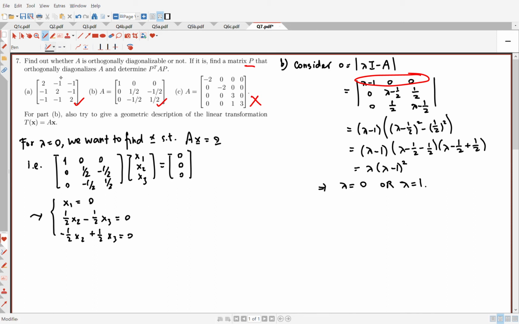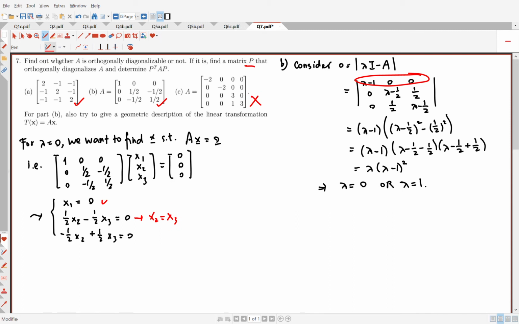Okay, this directly gives me x1 is equal to 0. These two equations are the same, right? Because I can just multiply by minus 2 here and 2 here, and they will be the same. So one of them is useless, so I will just look at this. This means x2 is equal to x3. So if I let x3 be a free variable, x2 will be just that free variable.